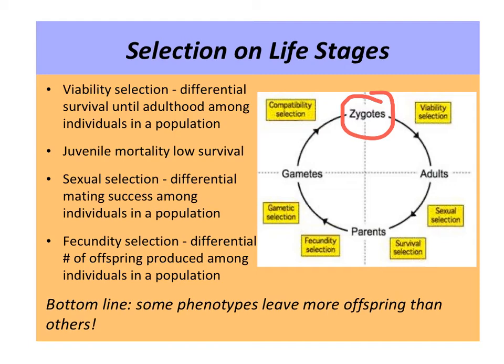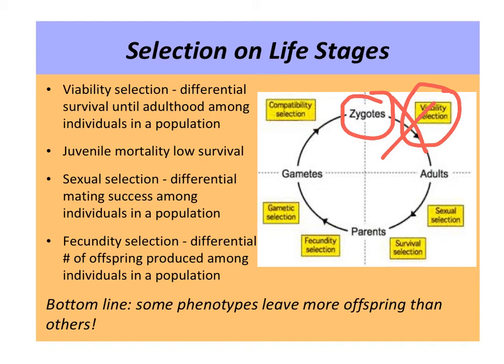If the sperm or the egg had a bad mutation and it starts dividing, and that mutation was lethal, then you're going to end up with a dead zygote or a dead individual. That's called viability selection. Bad mutations, they're going to die before they even get a chance to reach adulthood.